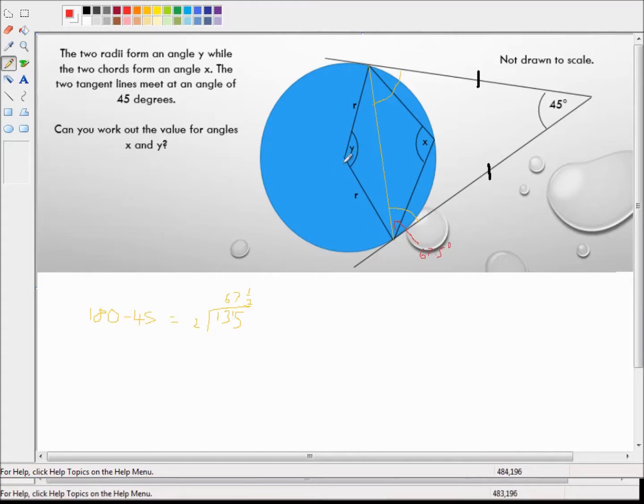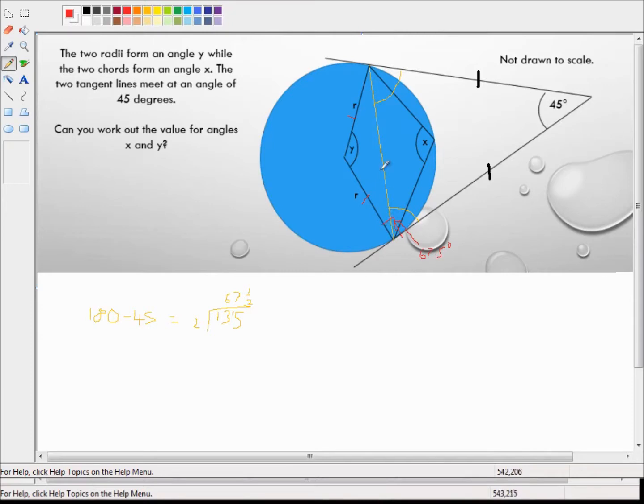Now this radius, I know it touches a tangent line, so I know that this is a right angle. I also know that if this is a radius and this is a radius, then this is an isosceles triangle.